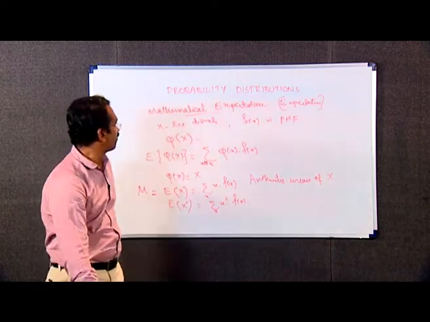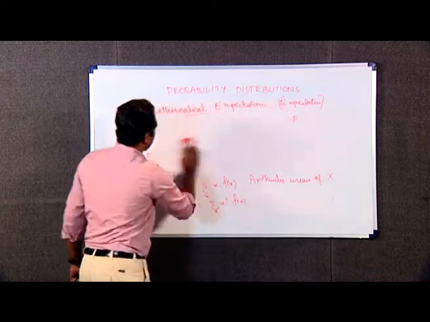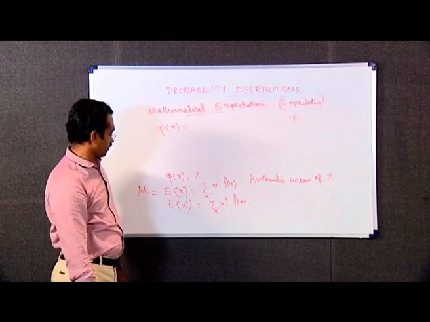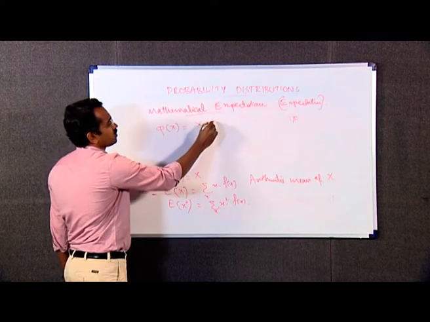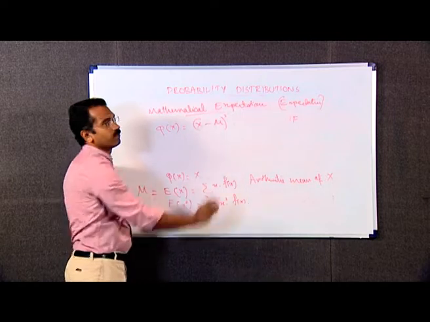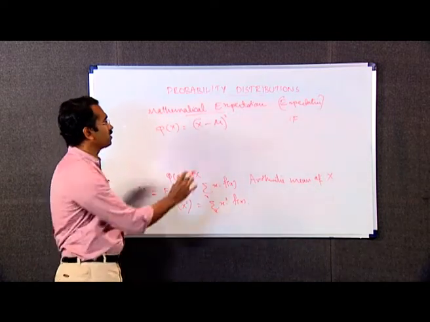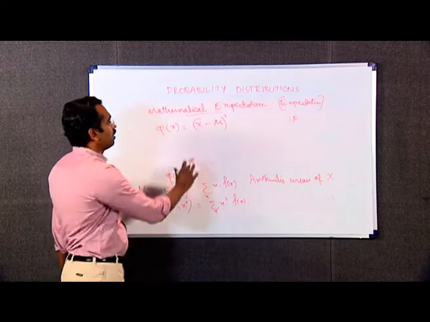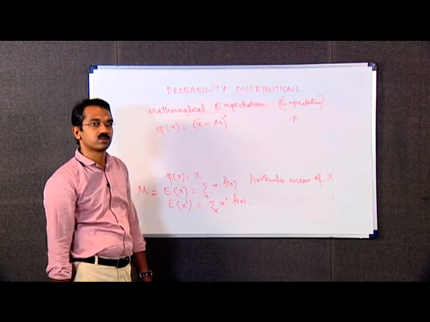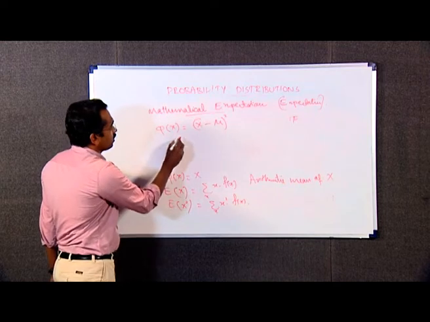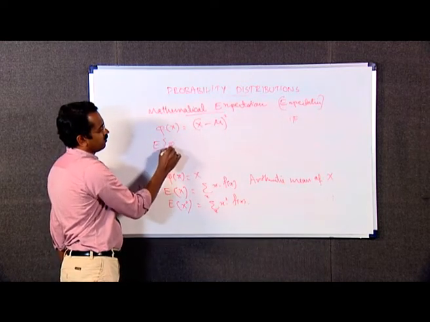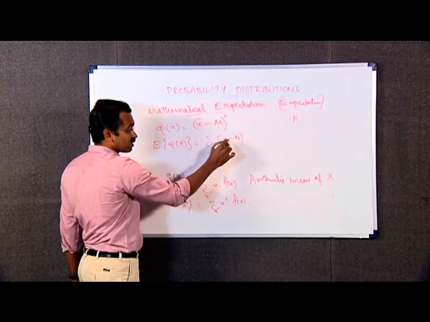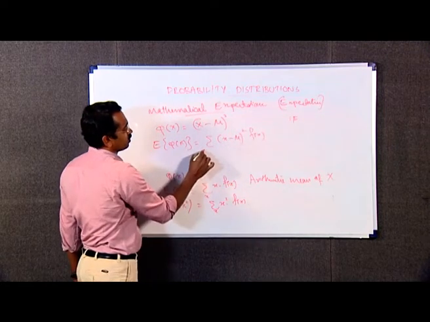If we take the function phi(x) equal to (x minus mu) the whole square, that is, we subtract mu, the expectation of x, from all the values of x and take the squares, then the expectation of phi(x) will become the summation of (x minus mu) whole square into f(x) for all values of x.